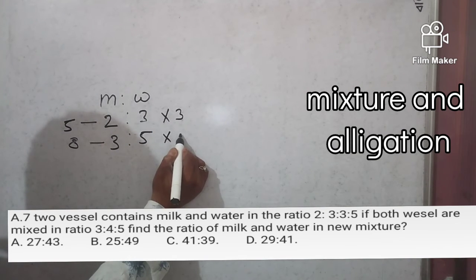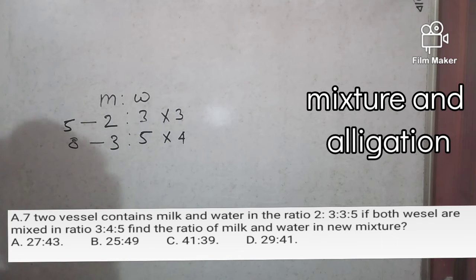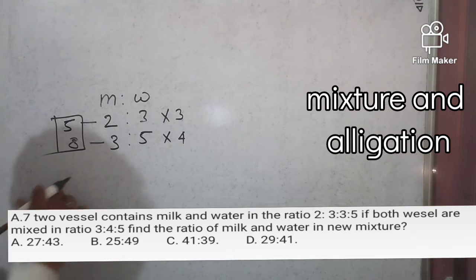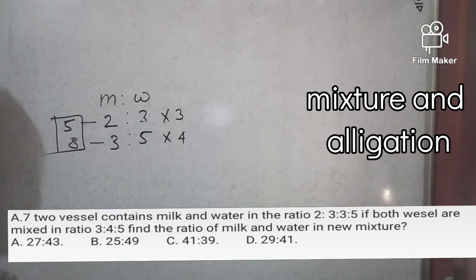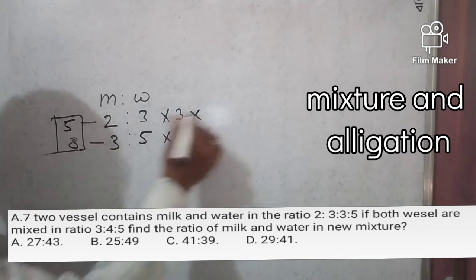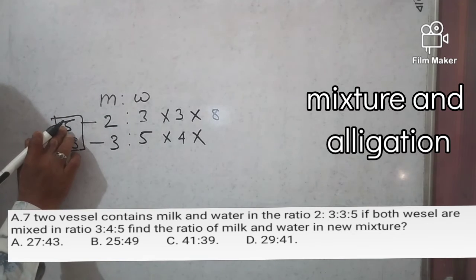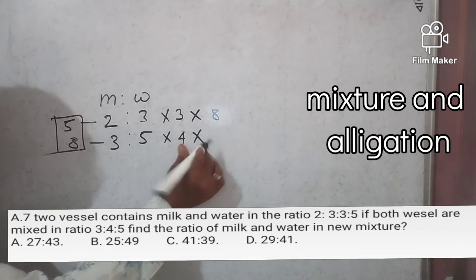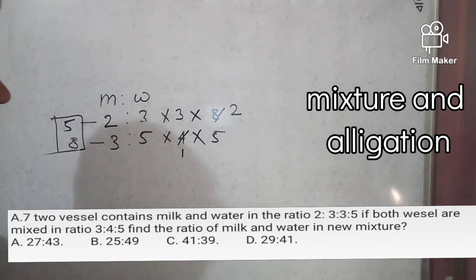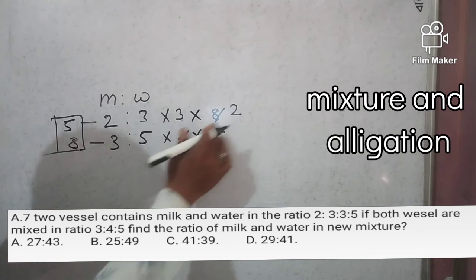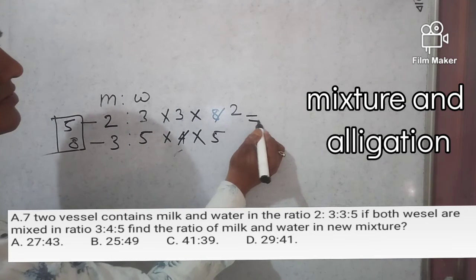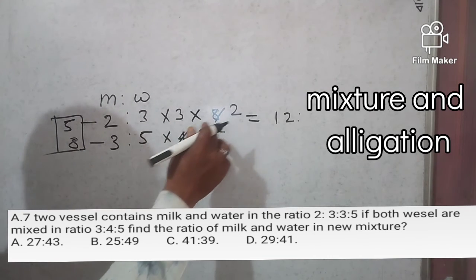So multiply the first with 3 and the second with 4. Now these parts are not the same, so we can multiply upper to below and below to upper to make them the same, right? So here multiply with 8 and here multiply with 5. So now 4 times 1 is 4 and 4 times 2 is 8, no more cancellation. So 3 times 2 is 6, 2 times 3 is 6, 6 times 2 is 12, right?